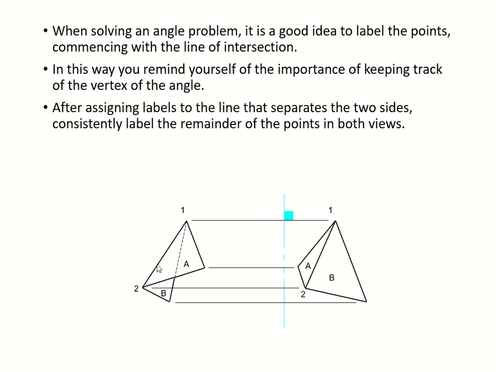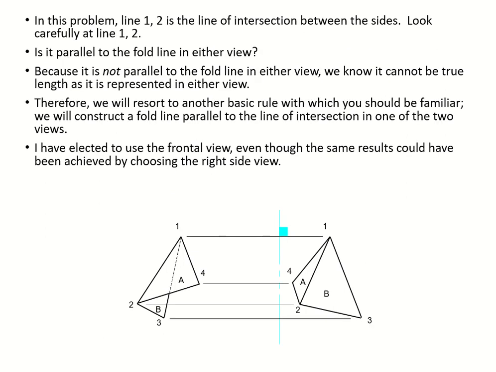Pay attention to our line of intersection, which is this one, 1, 2, 1, 2. You need it in order to get the vertex of your angle, the point between the two edge views of the two surfaces. Labels are very important.